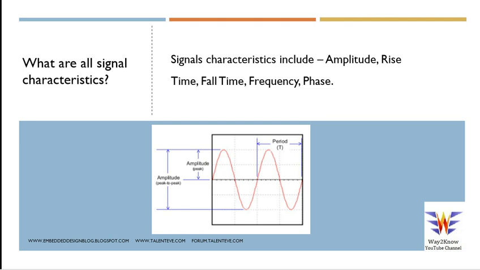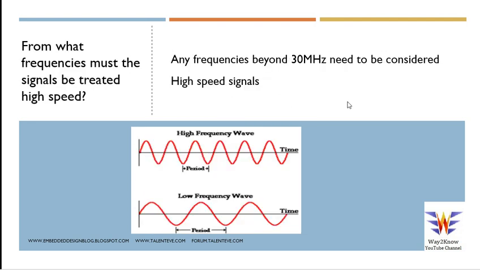For example, if there is an issue with signal amplitude, rise time, fall time, frequency or phase, it could lead to other signal distortions, and there are several namings. We'll talk about those later. But the basic signal characteristics which can get affected are these.